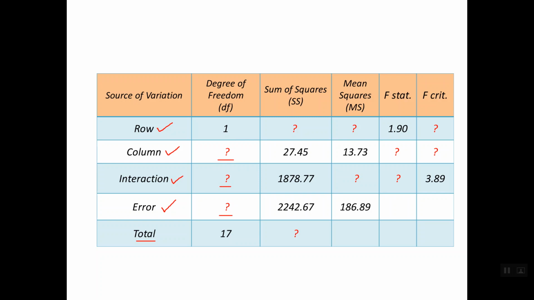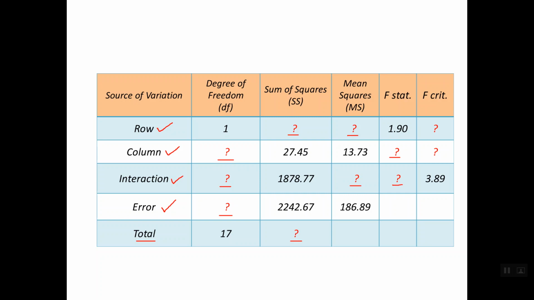Regarding the sum of squares, SS, the SS for the first factor is missing, and the total SS is also missing. Regarding the mean square, MS, the MS for the first factor is missing, and the MS for the interaction is missing. Regarding the F statistic, both the second factor and the interaction are missing.